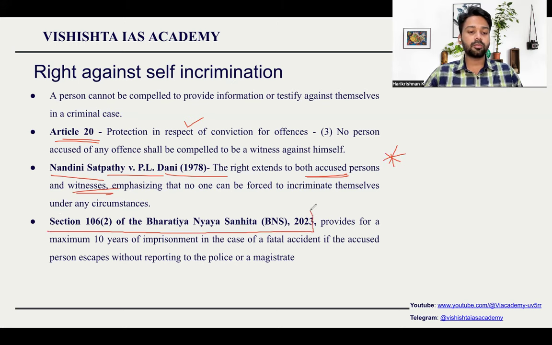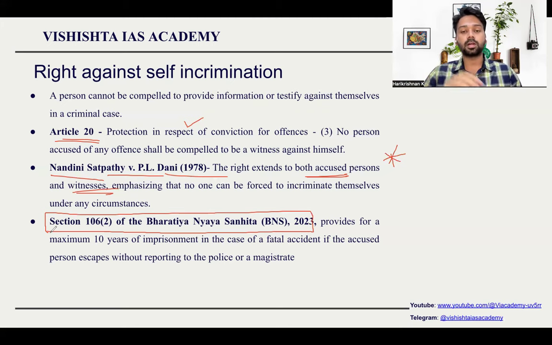Because of Section 106, Clause 2 of the Bharatiya Nyaya Sanhita, which was passed last year in 2023. In this, it has been mentioned that if a person is involved in an accident, if he accidentally hits someone in a road rage, or causes some accident and runs away from the place without admitting the other person to hospital or without admitting to the crime, in such cases the person will be punished for 10 years.